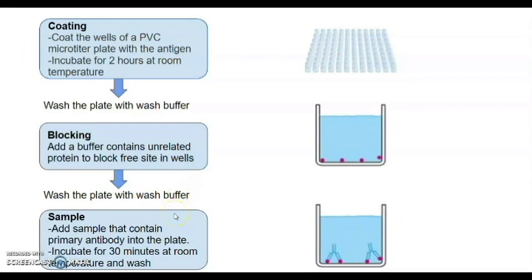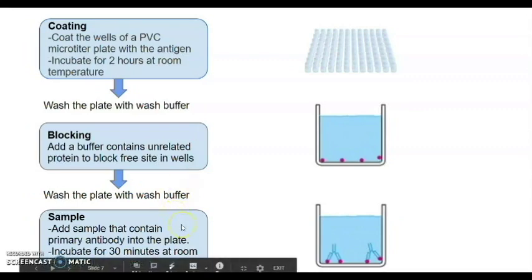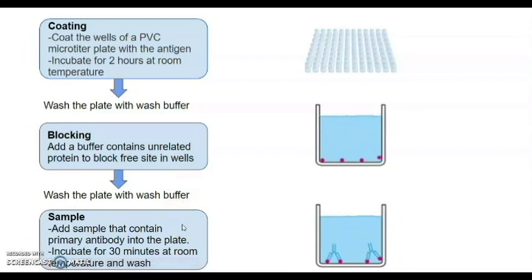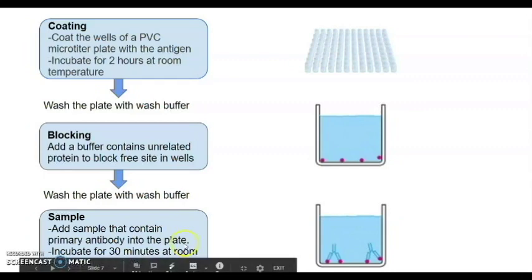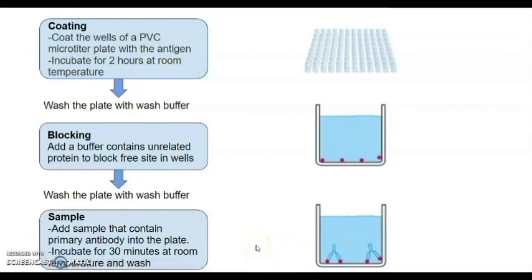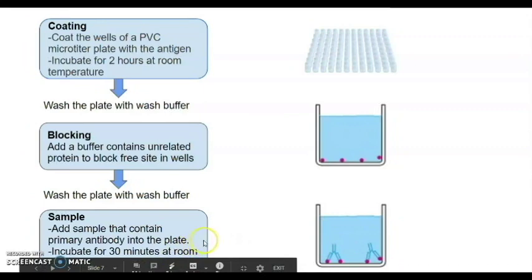Next step, we add, for example, 100 microliters of negative and positive controls, and also a diluted sample into a microtiter plate. This sample is actually the blood serum of the patient, which may contain primary antibody of COVID. We cover the plates and incubate at room temperature for 30 minutes.